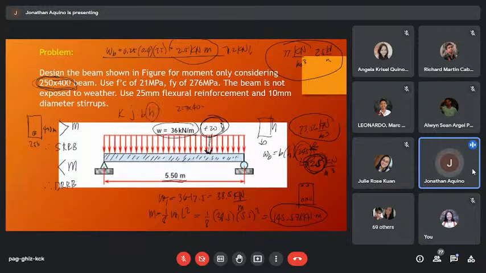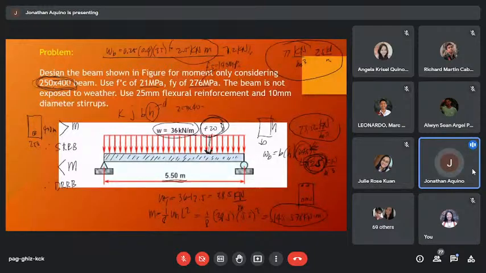So in this problem, the F prime C is 21 megapascal and Fy of 276 megapascal. So 276 megapascal is equivalent to 140 megapascal na Fs.